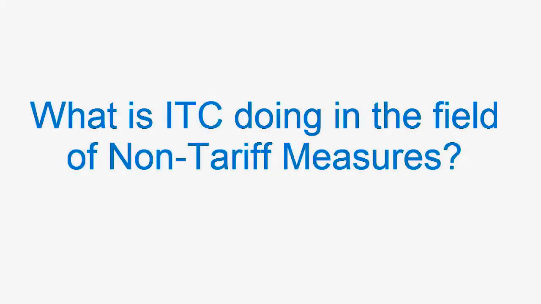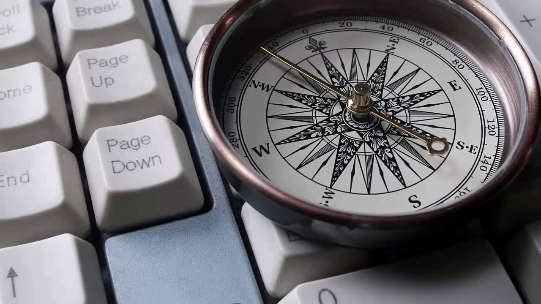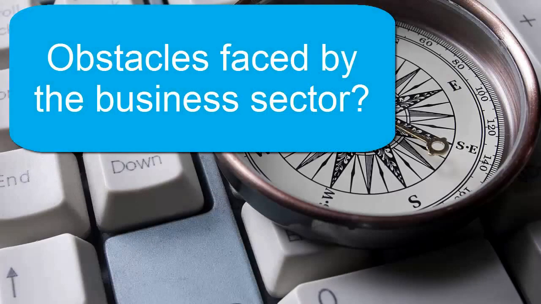ITC's work in the field of NTMs includes three main areas. Firstly, exporters and importers in developing countries often lack the information, capacity, and facilities needed in order to meet complex market requirements. In addition, policymakers are often unaware of what their business sector perceives as predominant obstacles to trade, which can make it difficult to develop trade-related policies.